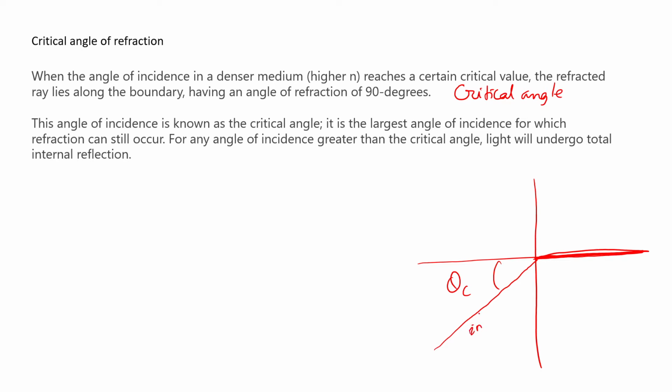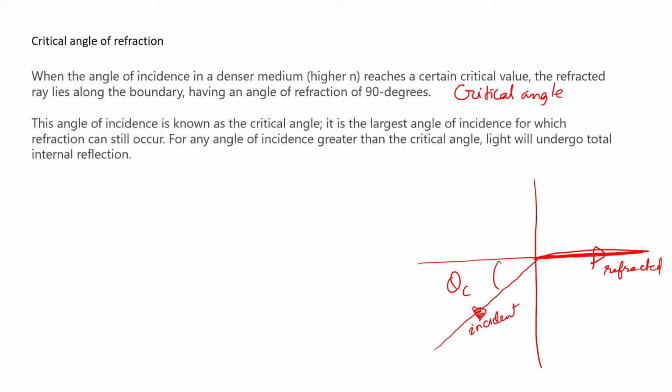So this is the incident ray and this is the refracted ray. So when theta c is exactly the critical angle, the refracted ray is at 90 degrees.